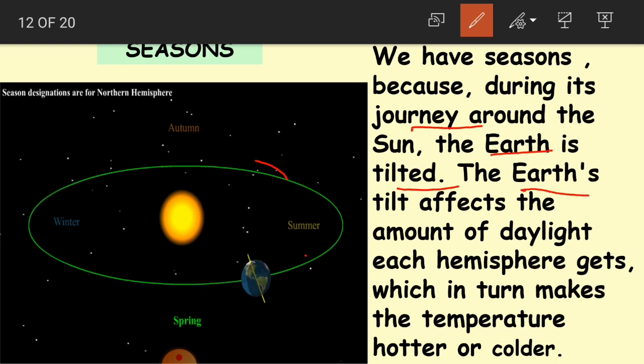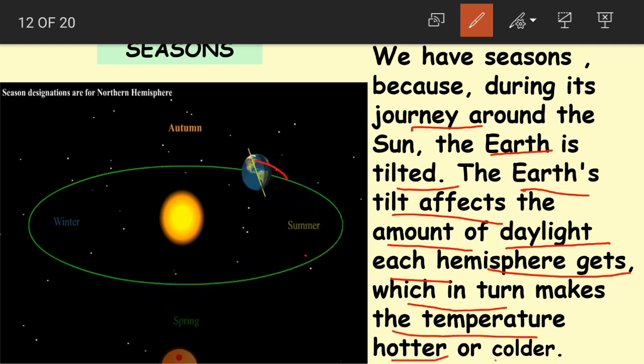The earth's tilt affects the amount of daylight each hemisphere gets, which in turn makes the temperature hotter or colder. So because of this tilt effect of the earth, what happens? As I said, the sunlight is going to fall on the earth.